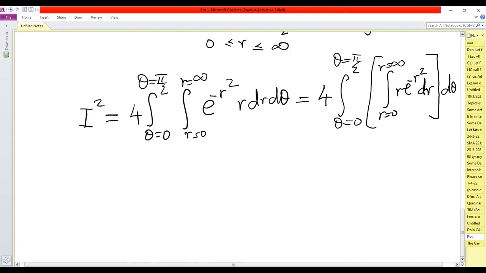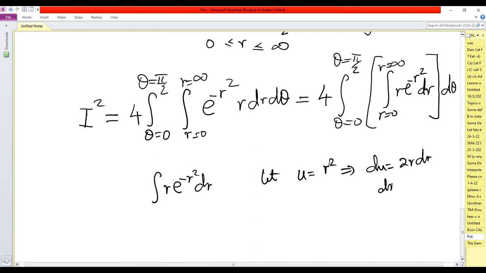So let's concentrate on this part. For the integral of r e raised to power minus r squared dr, we use substitution. We let u be r squared, which means du is given by 2r dr, which means dr equals du over 2r. So this will be the integral of r e raised to power negative u times du over 2r.